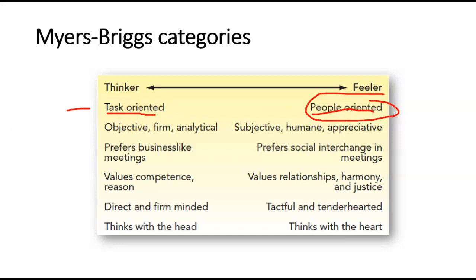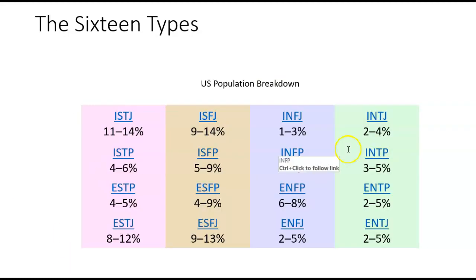So in the end of all this, here we have what the breakdown might be. These are the different breakdowns in terms of population, and you can see that there's 16 groups, 16 types of personalities. And then within these, there's different degrees.